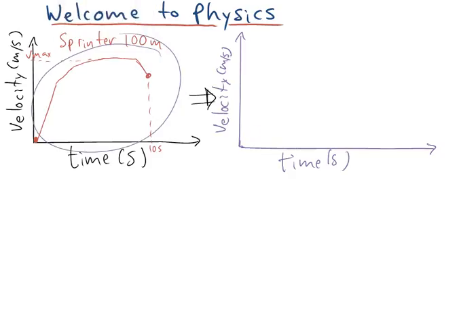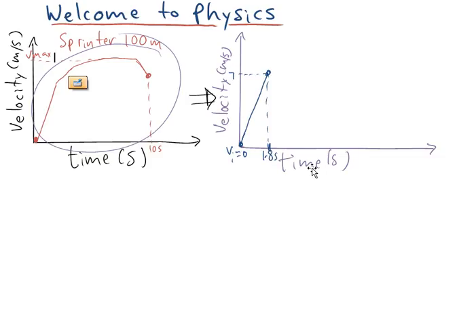If I start at 0 again, I'm going to have a constant acceleration. All I mean by constant acceleration is that velocity increases at the same rate throughout that phase. A straight line just means that your initial velocity, VI, was equal to 0. And then at this time, say 7 meters per second, that would be your V after this amount of time, which in this case is 1.8 seconds.